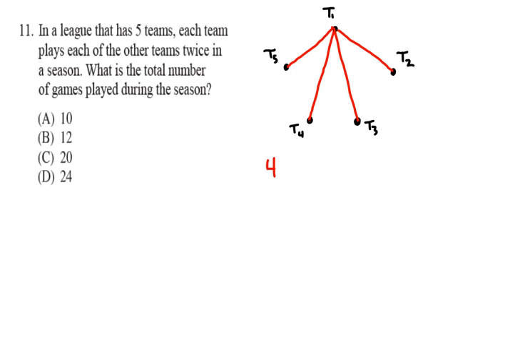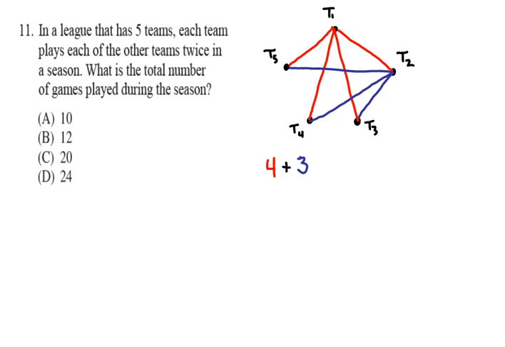Then we come to team 2, but team 2 has already played team 1, so we don't need to count that again. But team 2 plays team 3, team 4, and team 5, so we have 4 plus 3 games now.